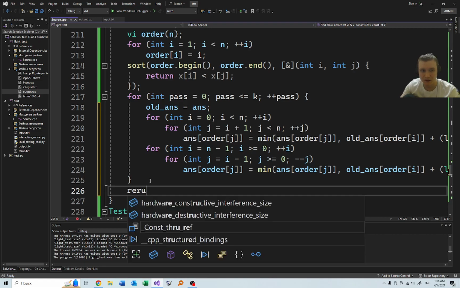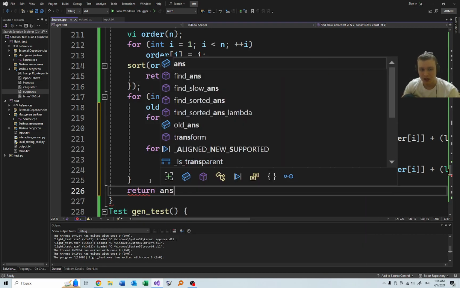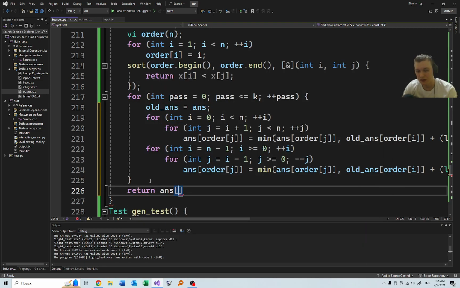In the end, we say that return answer of n minus 1.